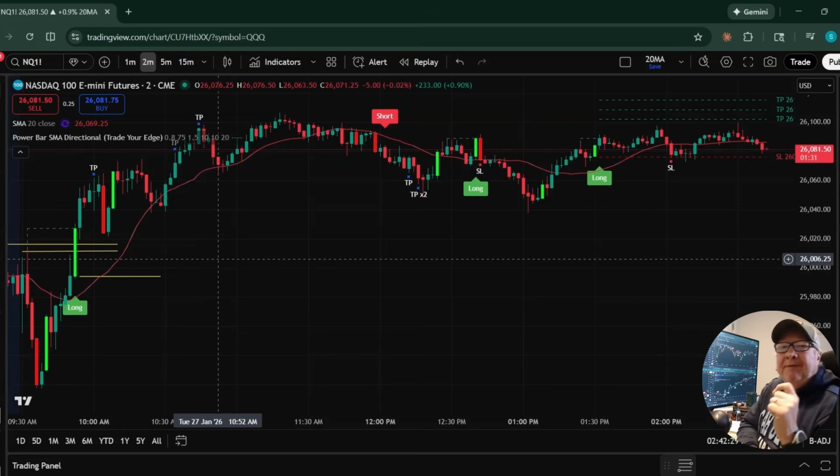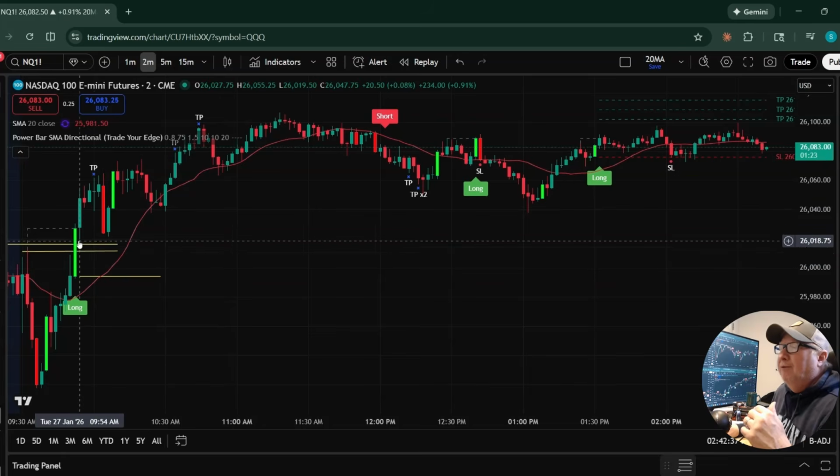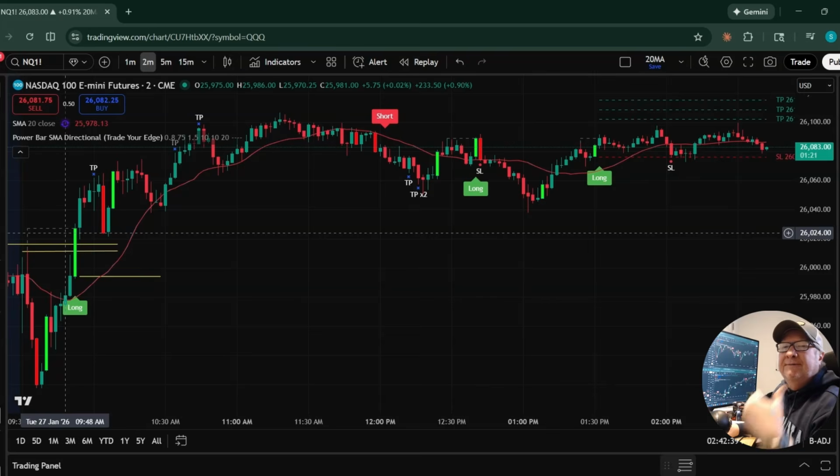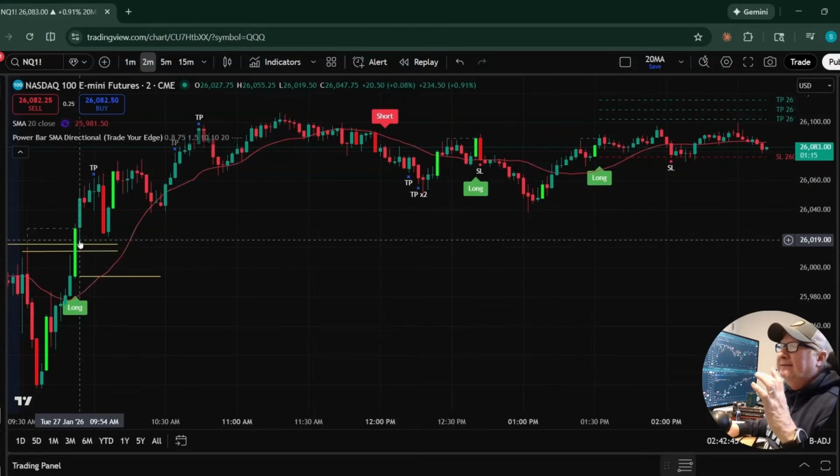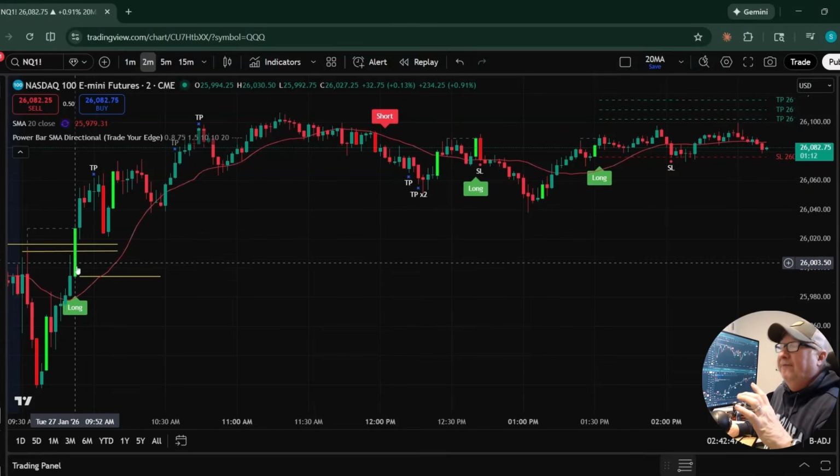Here's the thing. The power bar is the confirmation. I'm not looking for confirmation of a power bar because it serves as the confirmation. One of the reasons power bars are large is because they are the confirmation.